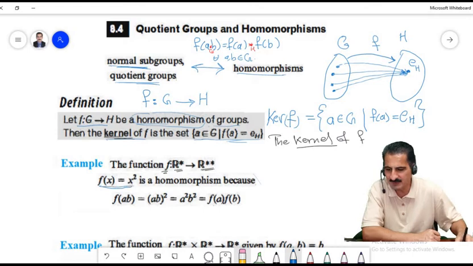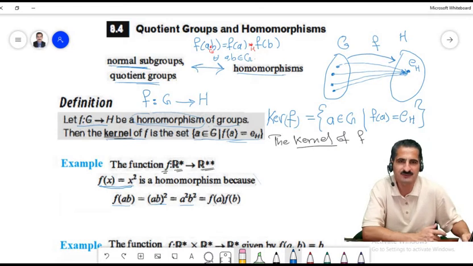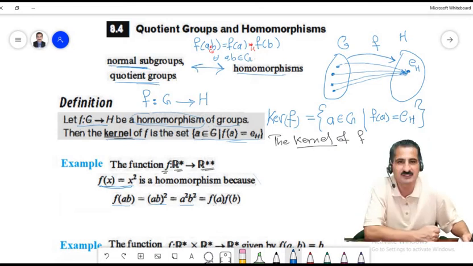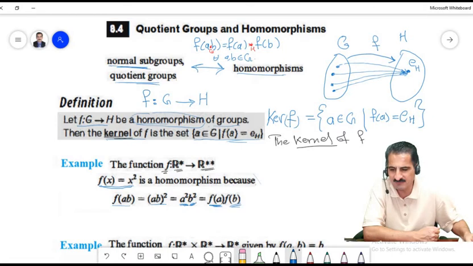Now the question: is that a homomorphism? Let's see, f of ab is (ab) squared, and since it is an abelian group, it is a squared times b squared. But a squared is f of a and b squared is f of b, so we got f of ab equals f of a times f of b, and therefore this is a homomorphism.